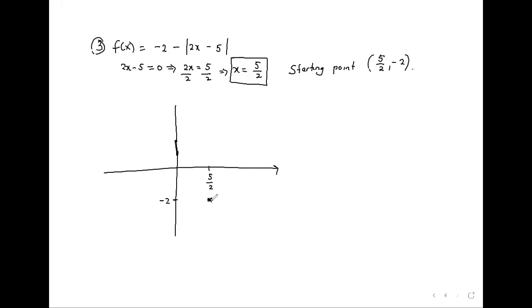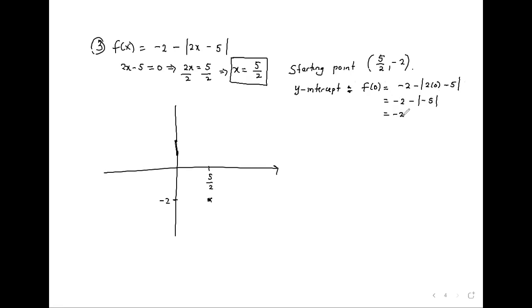Then we'll find the Y-intercept first. The Y-intercept is going to be f of 0. That is -2 minus modulus of 2 times 0 minus 5. This is -2 minus modulus of 0 minus 5.